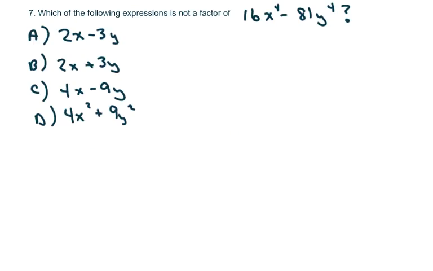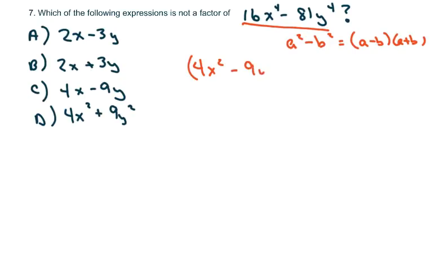Next one, it says which of the following expressions is not a factor of this right here. So the basic thing we're going to do is use our difference of squares to factor this, which is a minus b times a plus b, or vice versa. So this would be 4x squared minus 9y squared times 4x squared plus 9y squared.